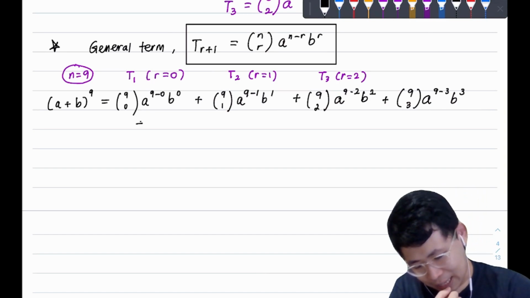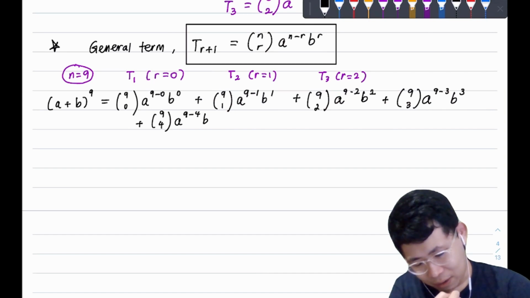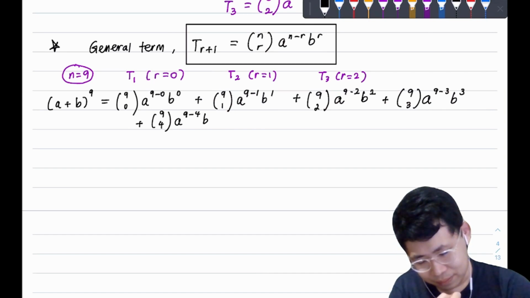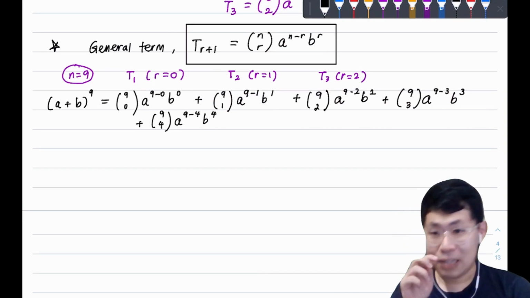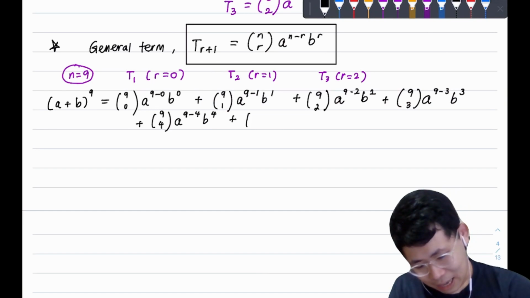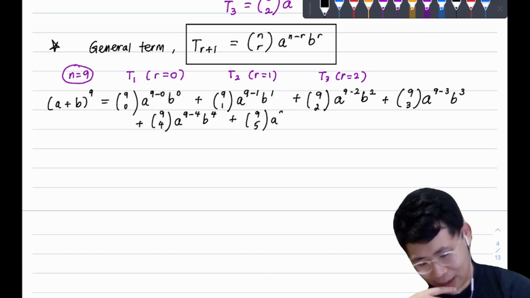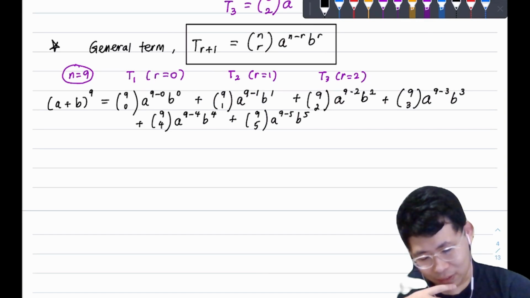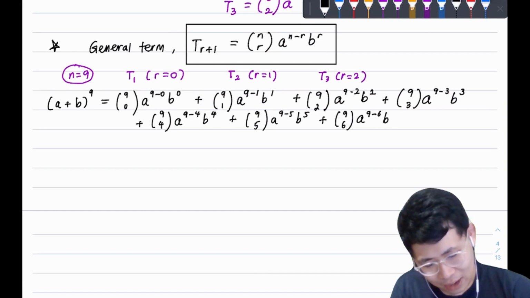So then let's add plus 9 choose 4, a to the power of n minus r, b to the power of r. Okay, like that. So it's really the formula plus n choose r. Now r is 5, a to the power of n minus r, b to the power of r. Now r is 6, so n choose r, a to the power of n minus r, b to the power of r.